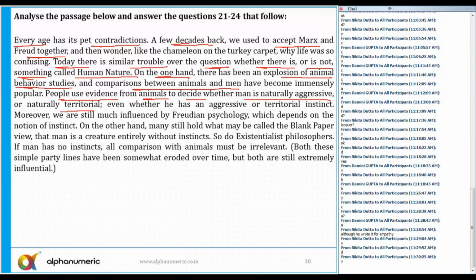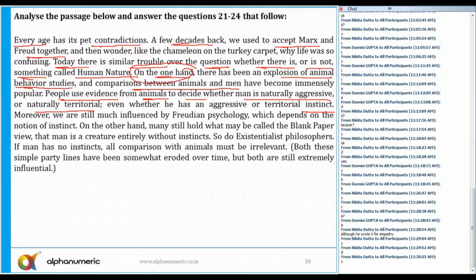That means people are using animal studies to make judgments about human beings. Do human beings have instinct? Are they naturally aggressive or naturally territorial? Just like animals, do human beings have a human nature? So this is what is happening on the one hand.